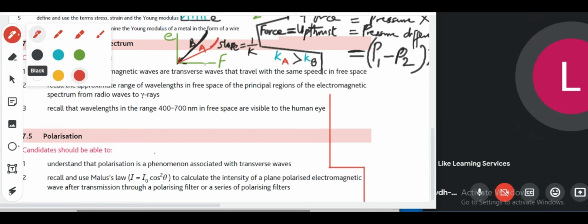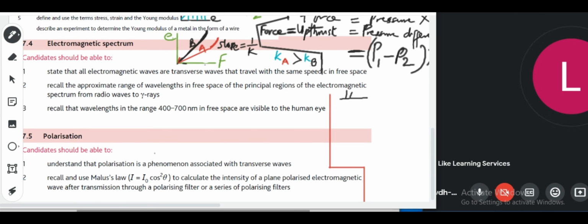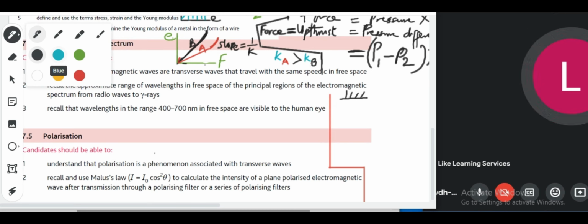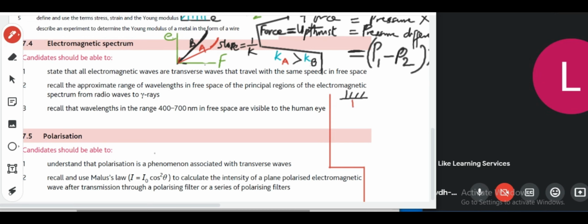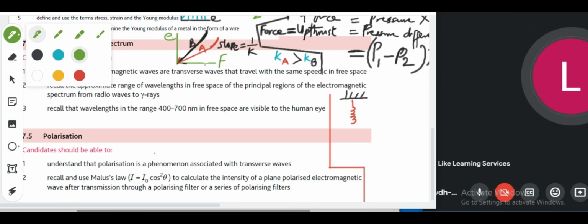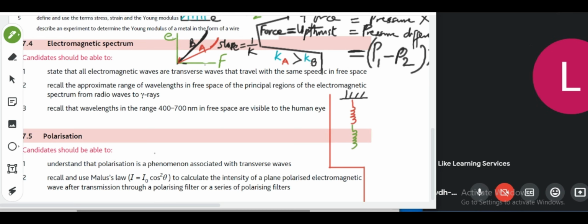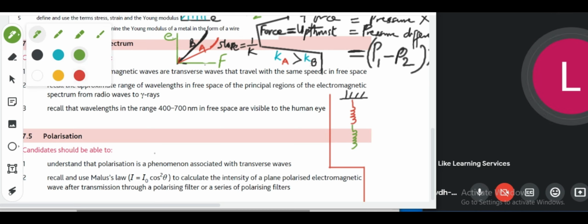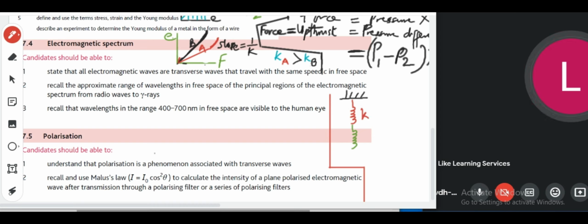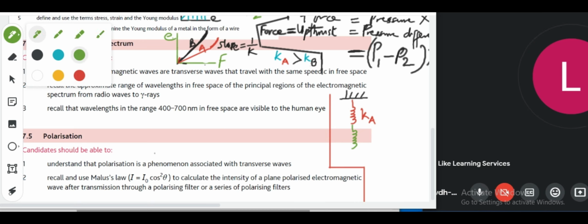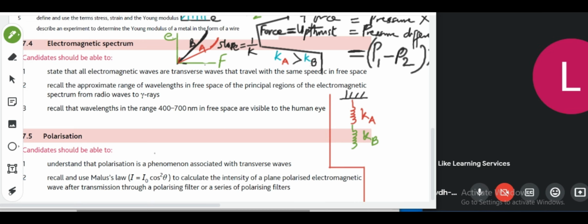Now, a spring can be connected in series like this. I mean, you can have two springs in series. This is one spring, then yet another spring. I'm going to add this other spring in green. So let me call the first spring A, having a spring constant of Ka, the one in red.